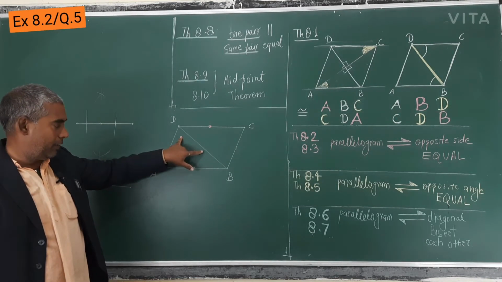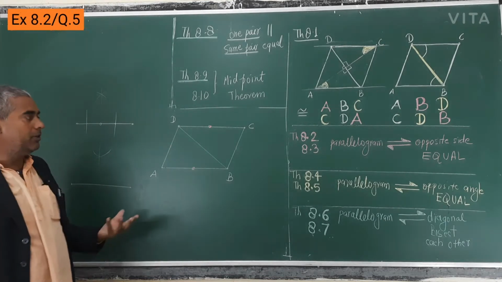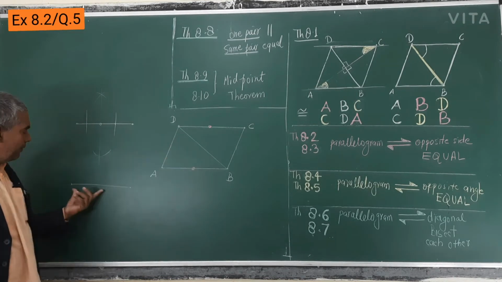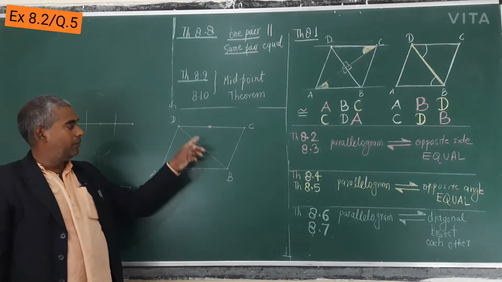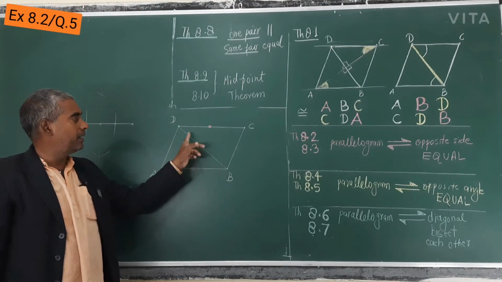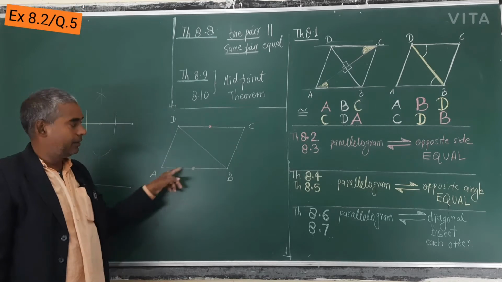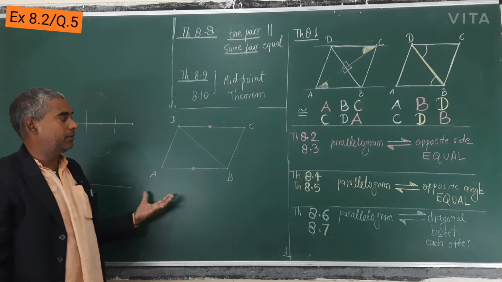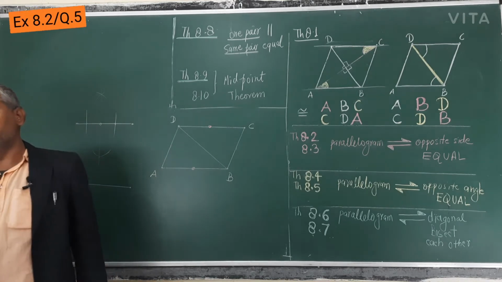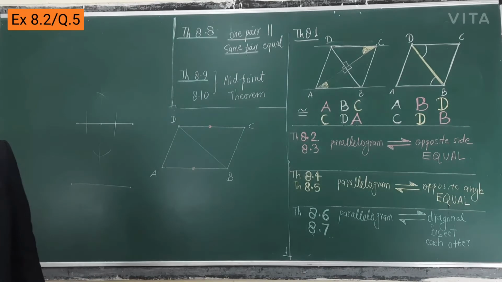So the question is different, actually you have been given the diagonals and you have to divide in 3 equal parts. So around it you will make a parallelogram, and then it is possible to do it. So that is the theorem, that is the question here, question number 5.